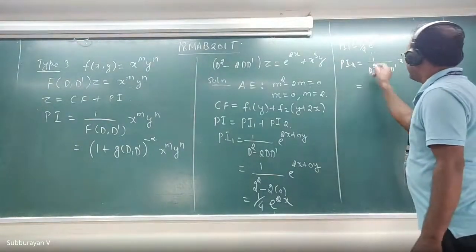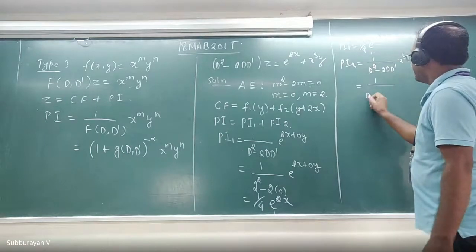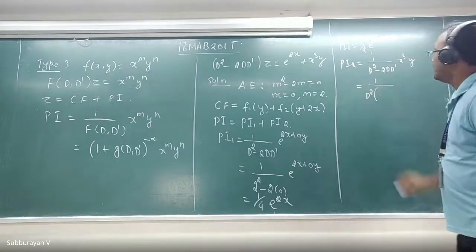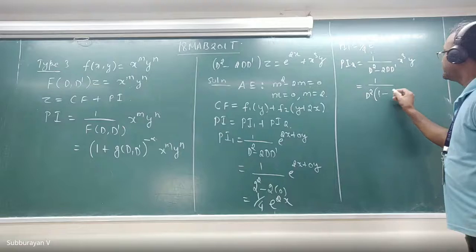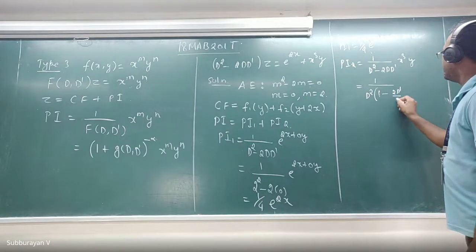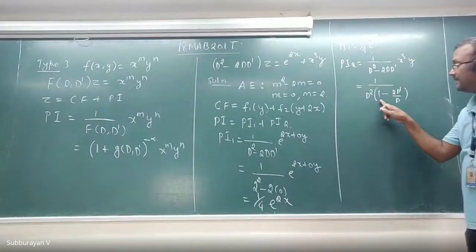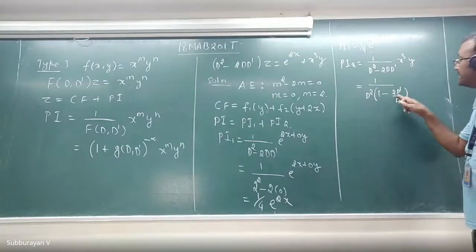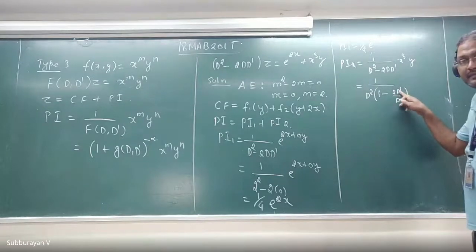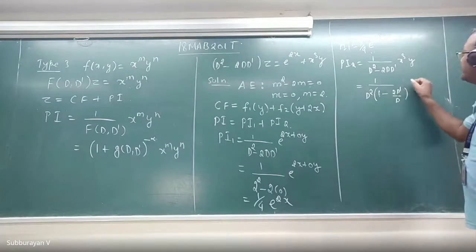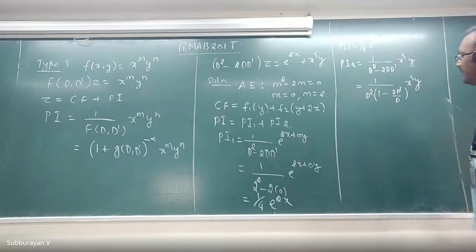Now I can rewrite this as 1 divided by d square into 1 minus 2 d dash divided by d, into x cube into y.